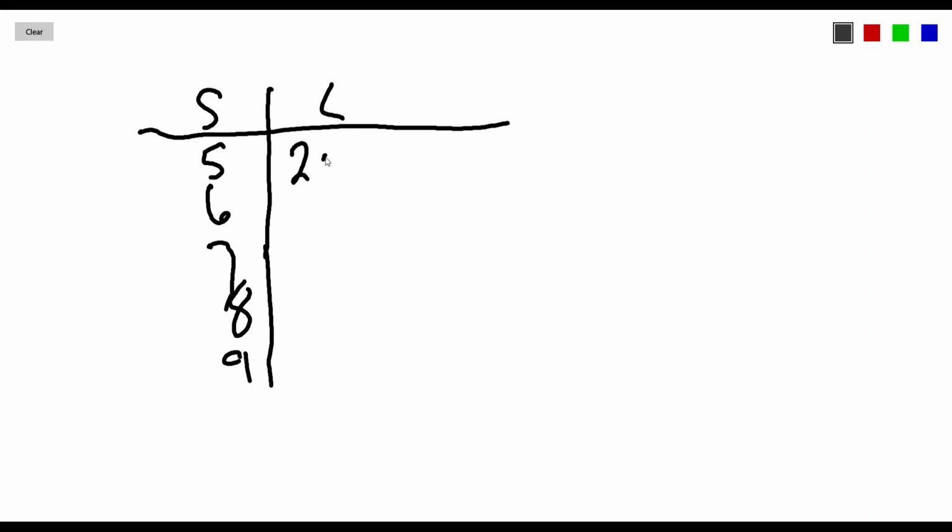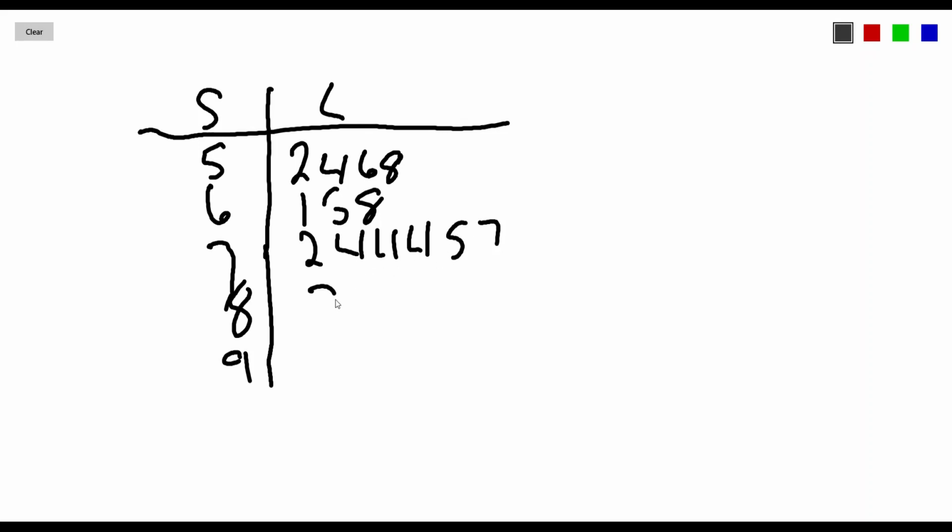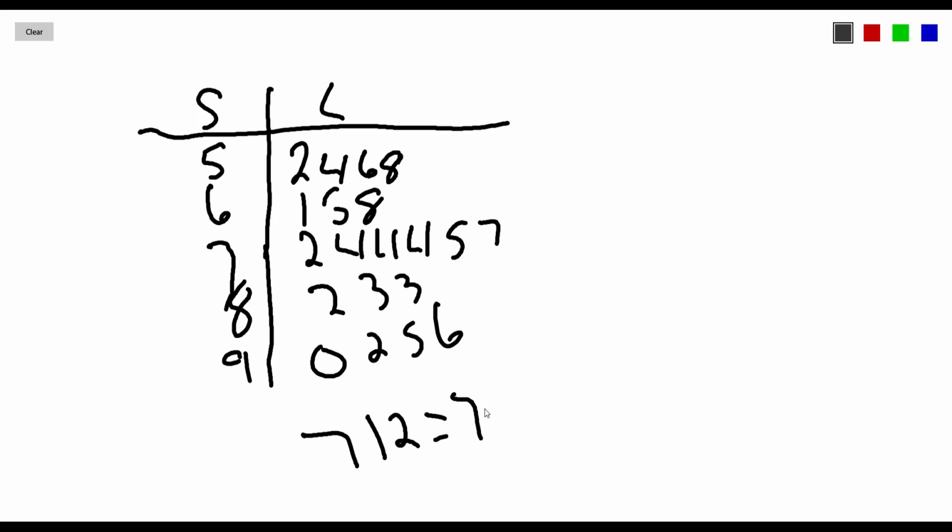So we have 2, 4, 6, and 8. 1, 5, and 8. 2, 4, 4, 4. 5 and 7. 2, 3, and 3. 0, 2, 5, and 6. And notice at the bottom they gave us an example like this.